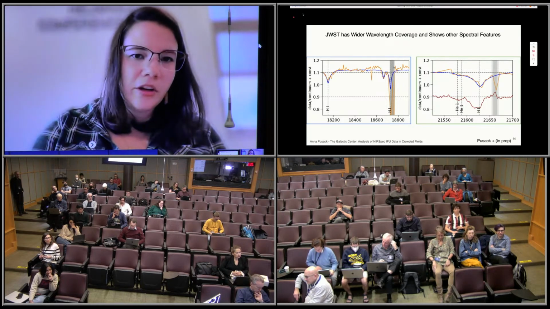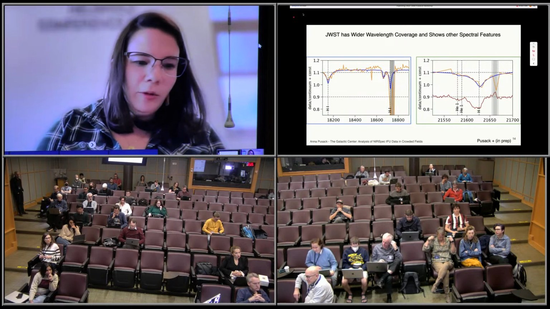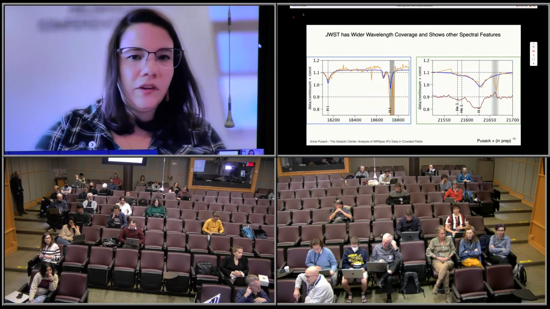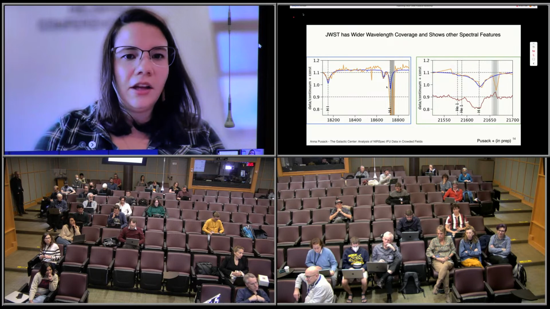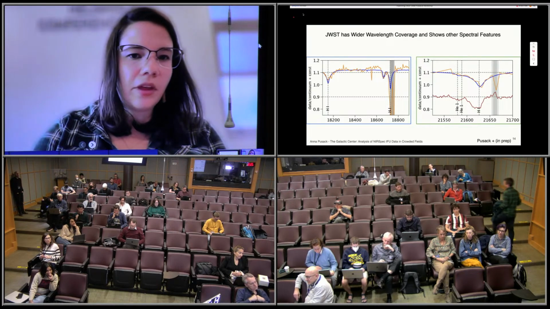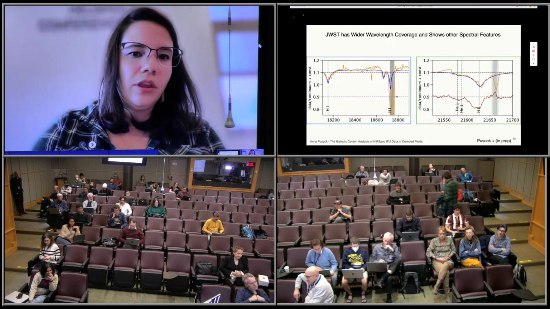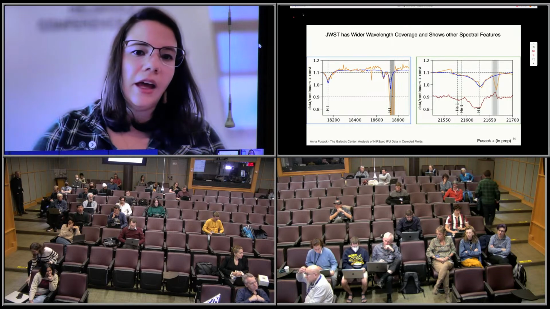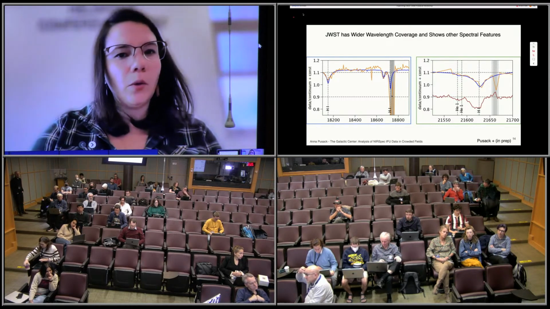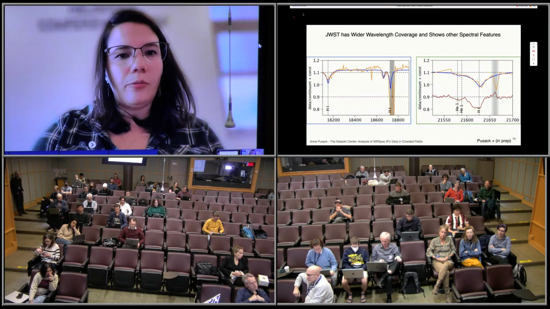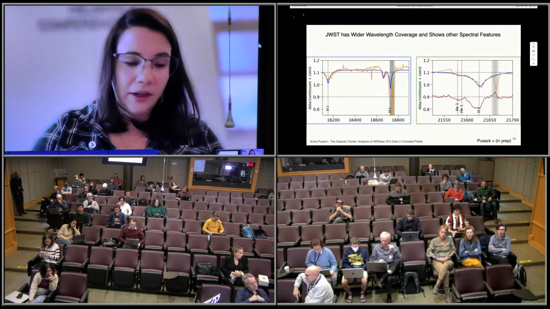These sky lines that are marked in the gray are a problem we are still working on. You can see here on the left, the model doesn't reach the same depth as the data, and we think this is due to sky selection that is over-subtracting from our data.